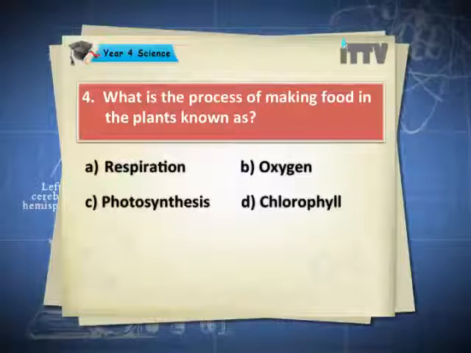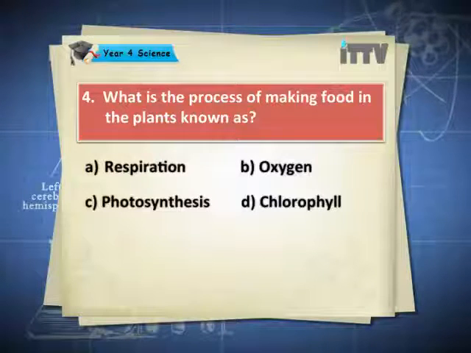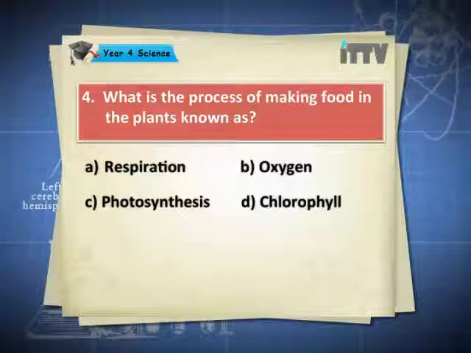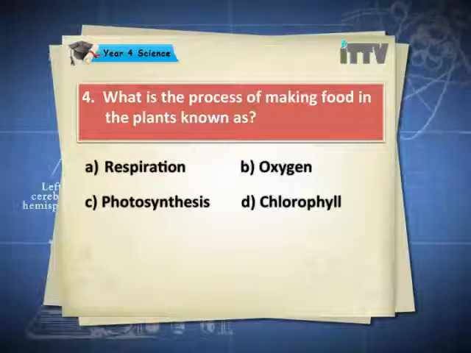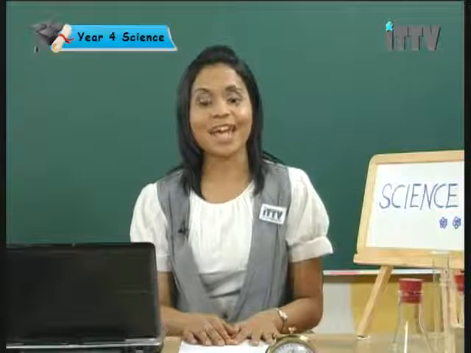Question 4. What is the process of making food in plants known as A. Respiration, B. Oxygen, C. Photosynthesis, and D. Chlorophyll? Now remember, respiration is the process where we use oxygen to make energy. Oxygen are the gases in the air.